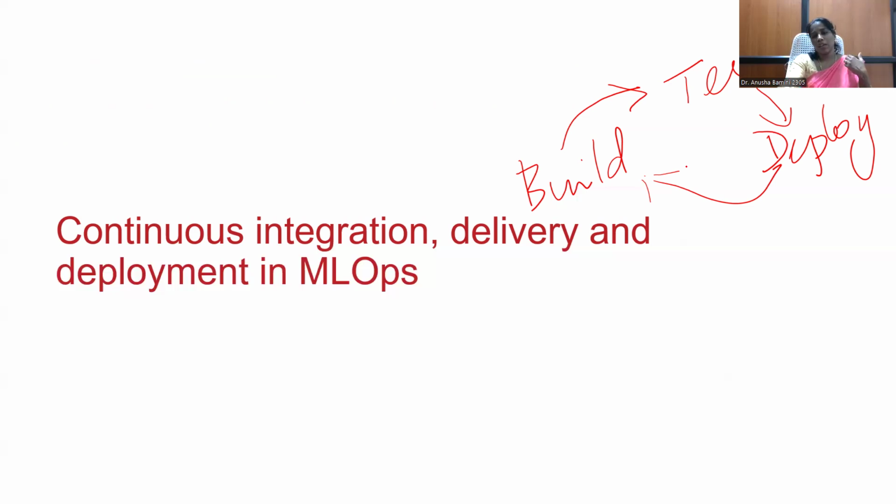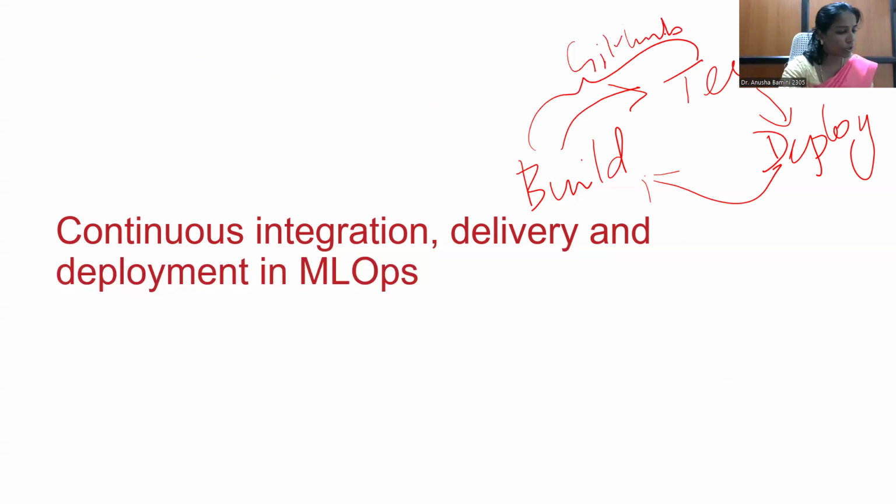So we can push the code to GitHub. This GitHub platform is mainly used for testing the code at each phase of the code. Then when it comes to deployment, we can use the Docker tool. So for testing and building, we can combinedly say GitHub as a tool.